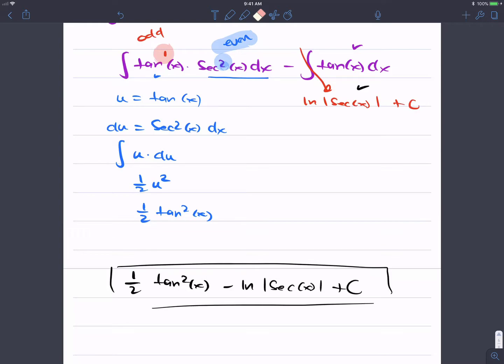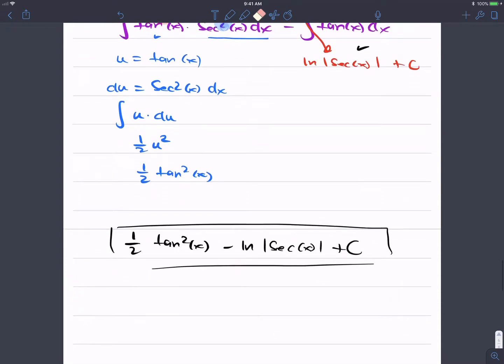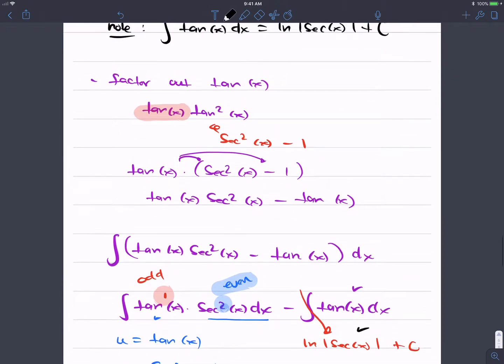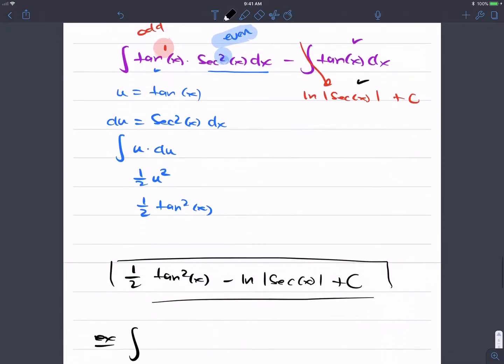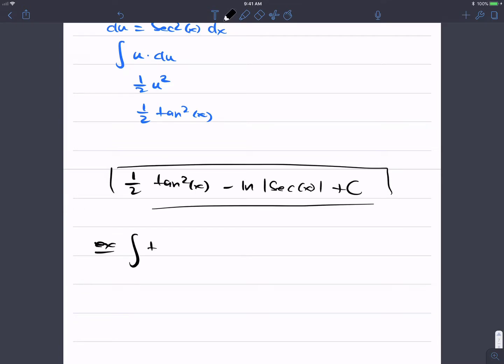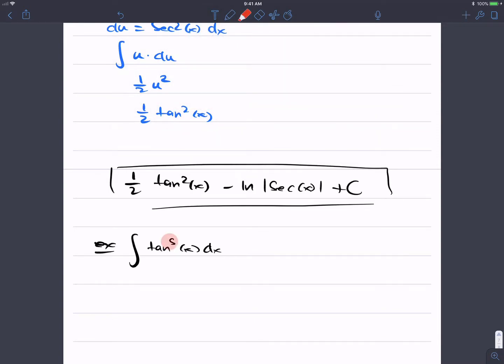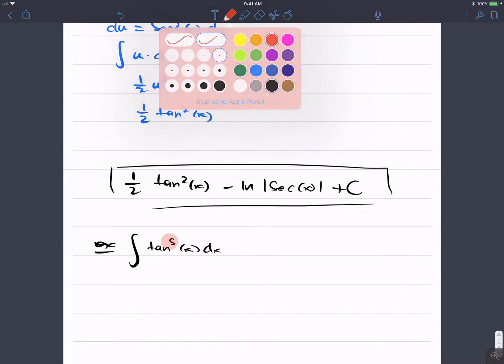Let's look at one more and see how this works for us now. We're going to look at the next power, because this one was simply integrating tangent cubed, which was odd. Let's integrate this power, tangent to the fifth power. Again, this one is odd. We got another odd power.